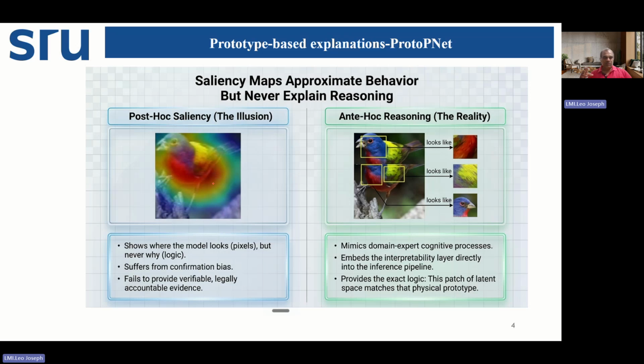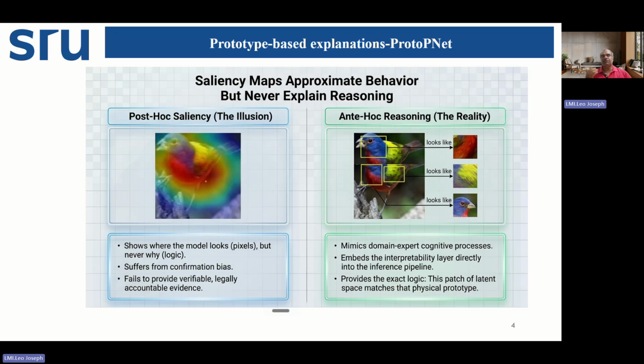So the model looks somewhere around the neck portion or the wing portion. We are showing only where the model is looking, but we are not explaining the logic why the model is looking in that portion.